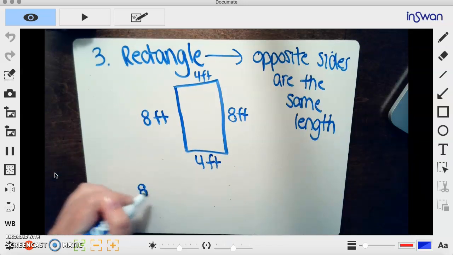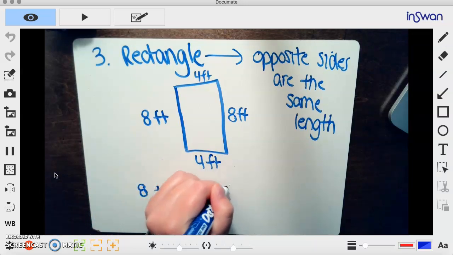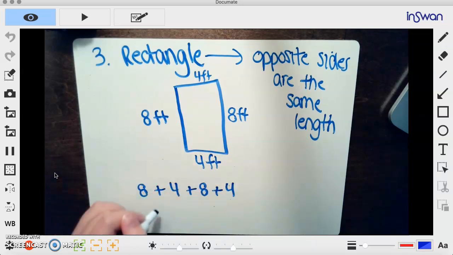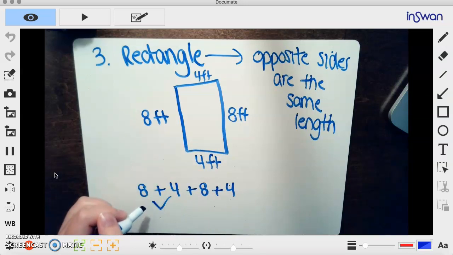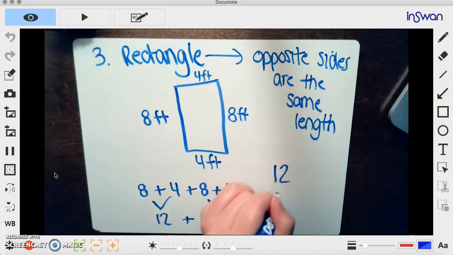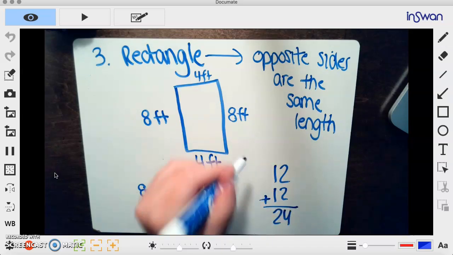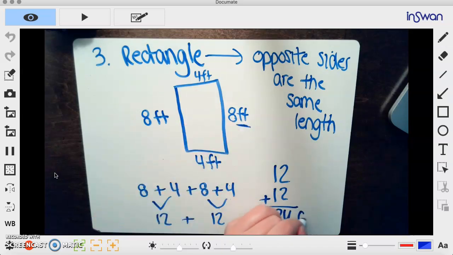So I have 8 plus 4 plus 8 plus 4. 8 plus 4 gives me 12, and 8 plus 4 gives me 12. So now I need to add those together. 12 plus 12 gives me 24, and I'm working in the measurement of feet. So the perimeter of this rectangle is 24 feet.